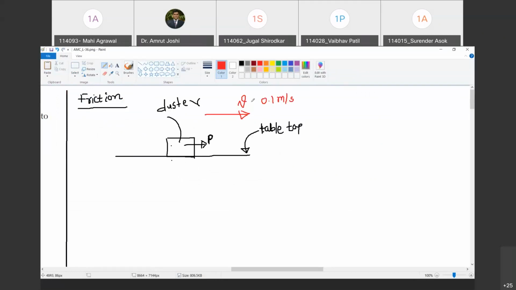Are you with me? Yes, sir. This is the velocity by which the duster moves, so I am going to call it velocity of a duster. Are you with me? Yes, sir. Now tell me, in which direction is the frictional force applied? Sir, opposite of the movement. Opposite to what?